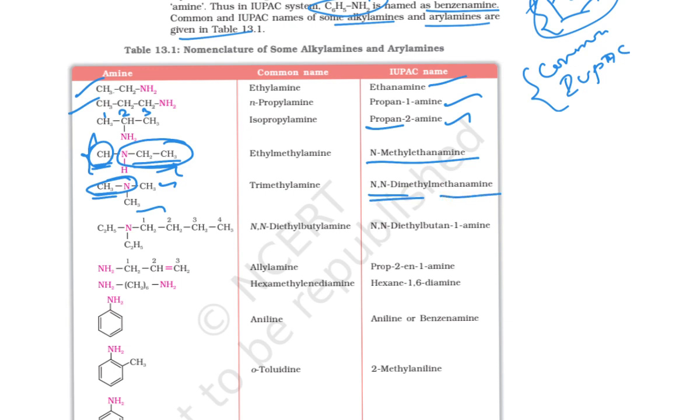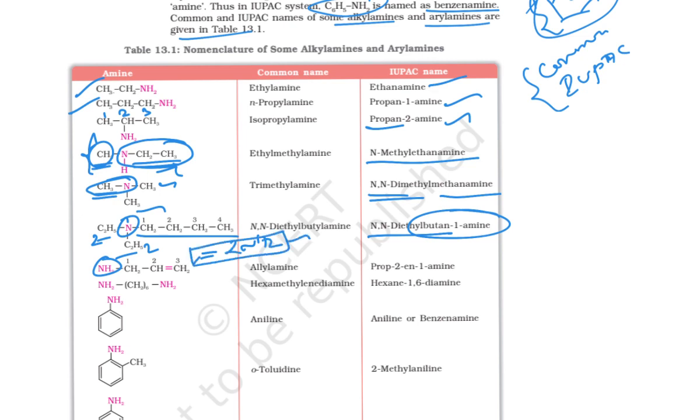Clear? Here 2 carbons, here 2 carbons, but here 4 carbons are there. In the first carbon only, the nitrogen contains the alkyl group, right? So N,N-diethylbutan-1-amine. In case of this one, this is the more preferable functional group. If you compare the double bond and NH2, NH2 is the more preferable functional group.